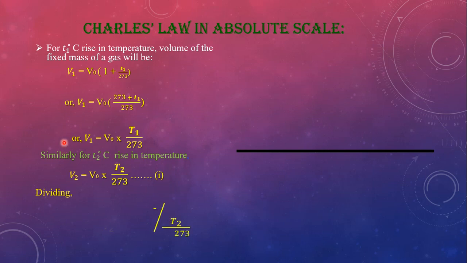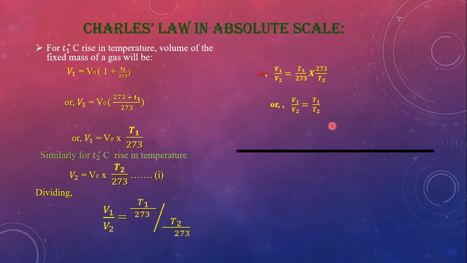So now I divide V1 by V2. What I get is V0 gets cancelled. T1 by 273 is divided by T2 by 273. When we rearrange this, we get T1 by 273 times 273 by T2. So 273 and 273 get cancelled. Ultimately, we get V1 by V2 is equal to T1 by T2.